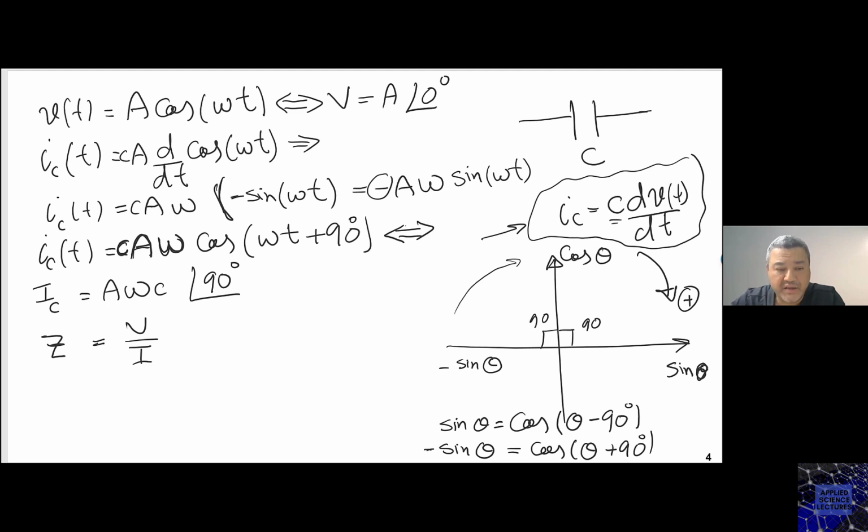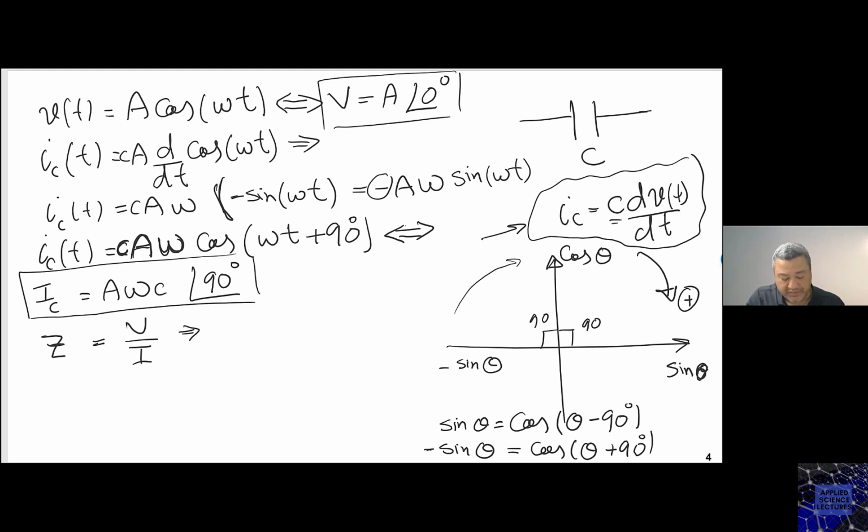Now in AC, they do have what we call an impedance, a definite impedance that we need to find, which is basically the relationship between the voltage and the current at a frequency higher than zero. So after we found the current in phasor and we have the voltage in phasor, now we can calculate the impedance for the capacitor.